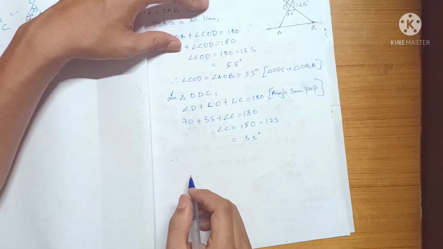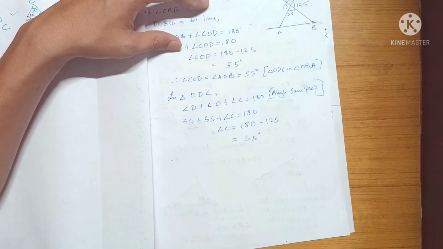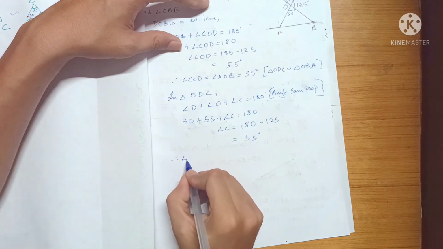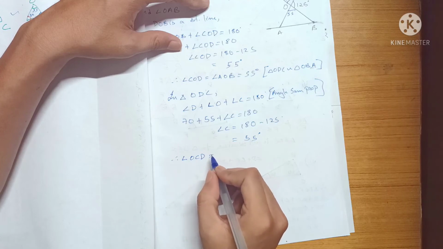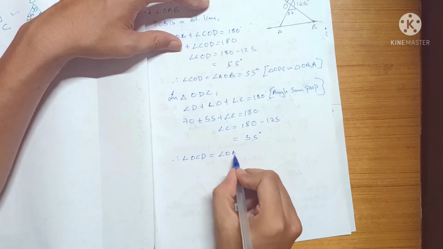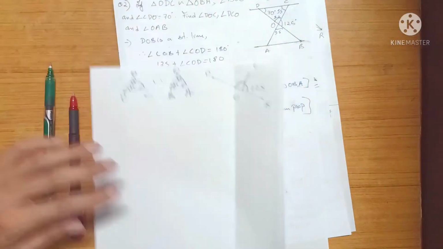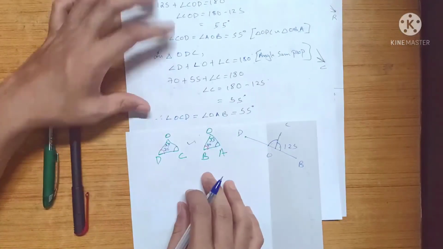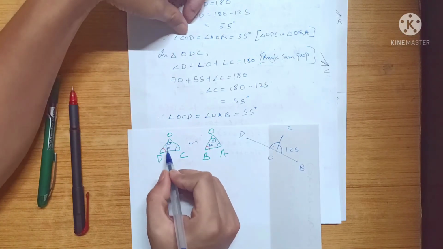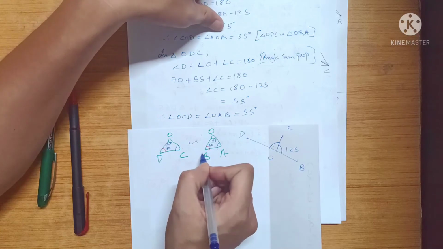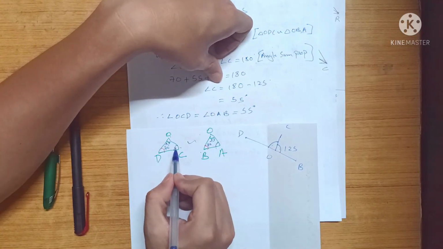Therefore, angle OCD equals angle OAB equals 55 degrees. I wrote it here. Here we got angle C, so this is 55.